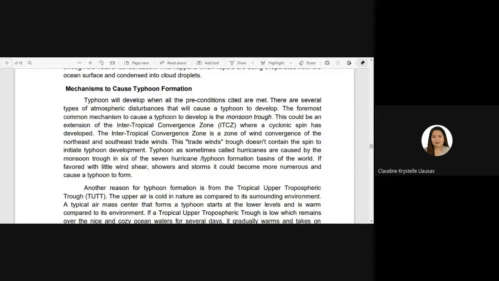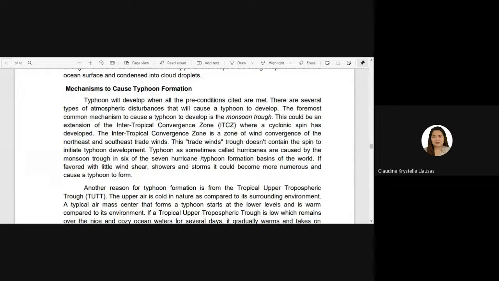In fact, as studied, most of the typhoons are counted from 20 to 26. 20 to 26 ka bagyo ang atong gaka-experience every year. That is why ang pagpangalan ana sa PAGASA, the Philippine Atmospheric Geophysical and Astronomical Services Administration, ginapangalanan nila from letters A to Z. Okay?